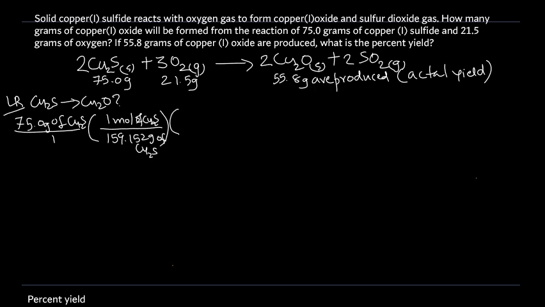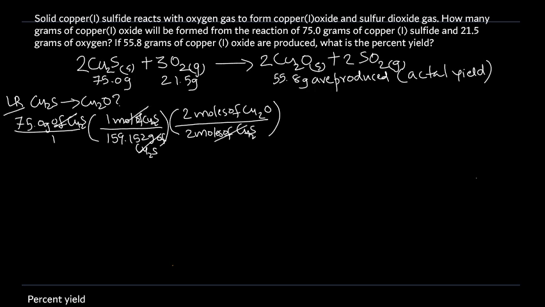The mole ratio between copper 1 sulfide and copper 1 oxide is 2 moles of copper 1 sulfide to 2 moles of copper 1 oxide. So how much is that going to be? The grams of copper 1 sulfide cancel, moles of copper 1 sulfide cancel, and we will have moles of copper 1 oxide.